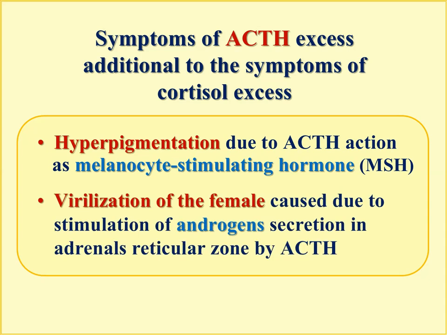And also, for women, it makes a big difference because more androgens produced change the female toward virilization. Virilization is masculinization. So some male secondary characteristics may appear, such as lower voice, growing beard, changes of body shape to male, and so on. These are additional symptoms present in Cushing's disease in comparison with Cushing's syndrome.